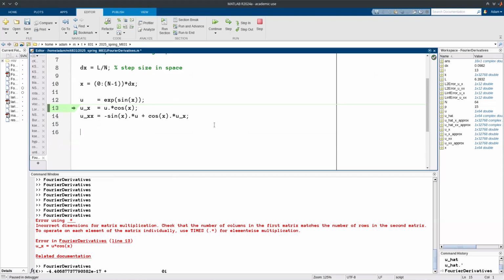Okay, so let's see how to do something like that. In order to take a Fourier transform, you might know that our Fourier transform at each point looks like something like a sum over k of, say, u hat k, I'm just writing this heuristically here, times let's say exp of i times k times x.